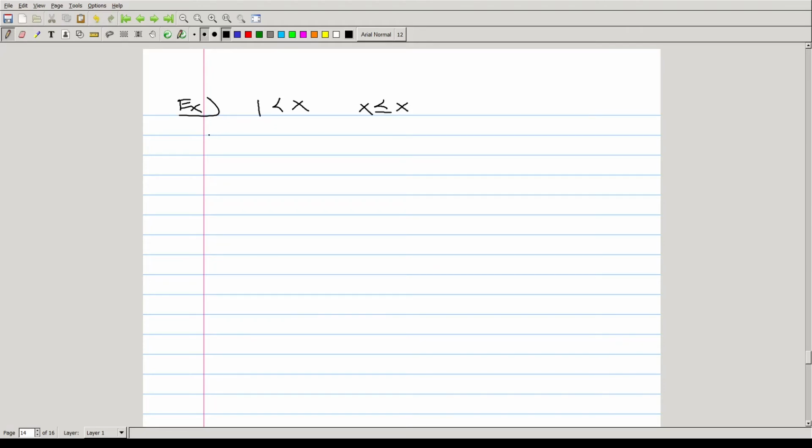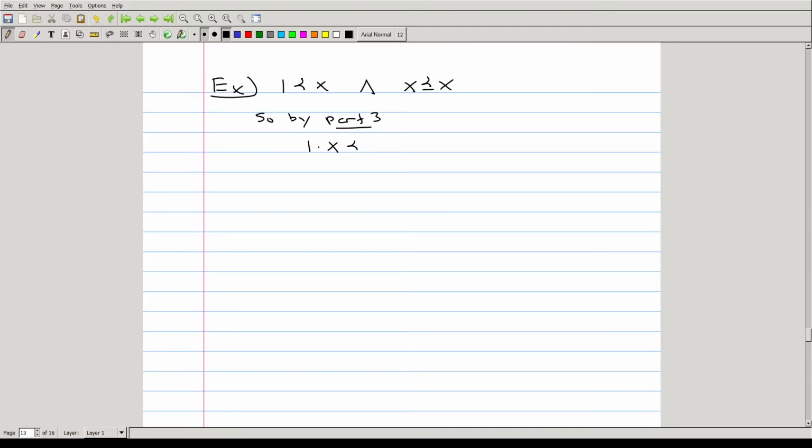So by the previous theorem, we have that this implies that 1 times x is strictly dominated above by x times x. Or in other words, x is strictly dominated above by x squared.